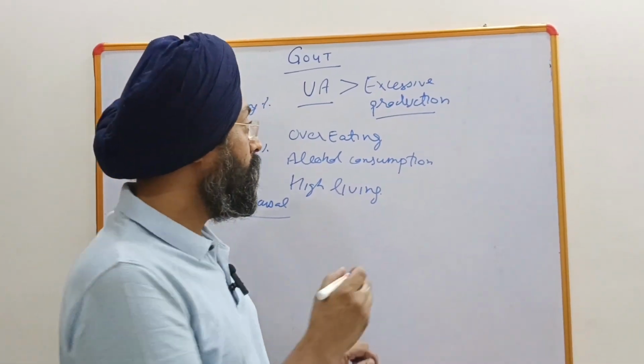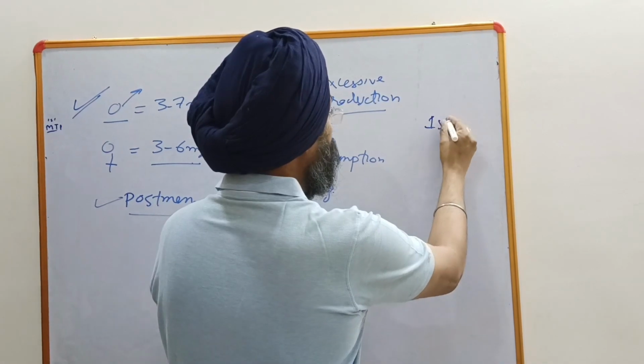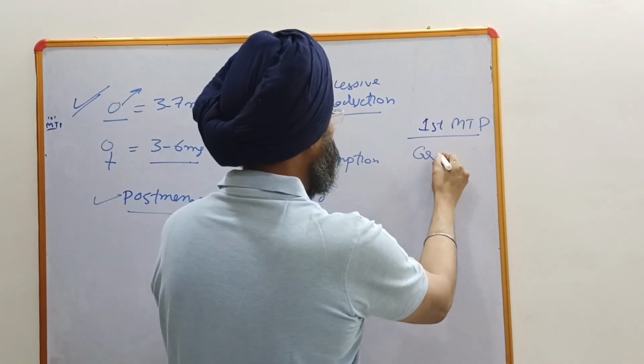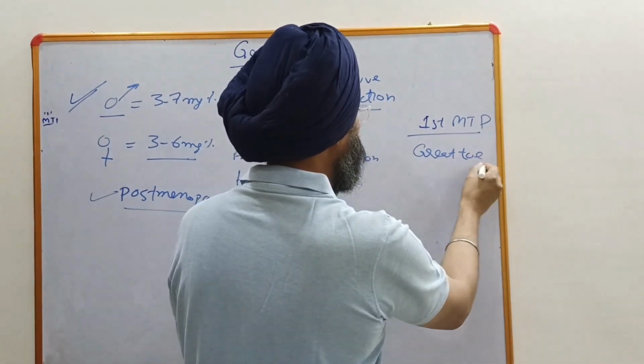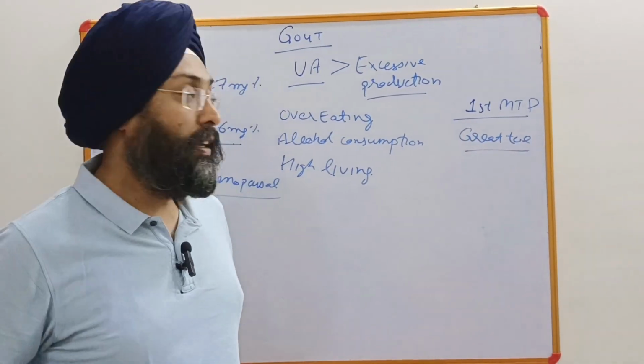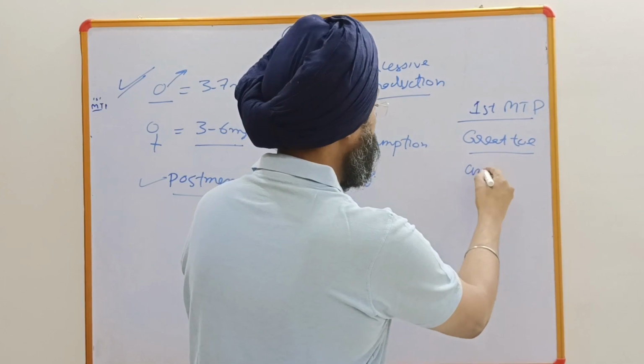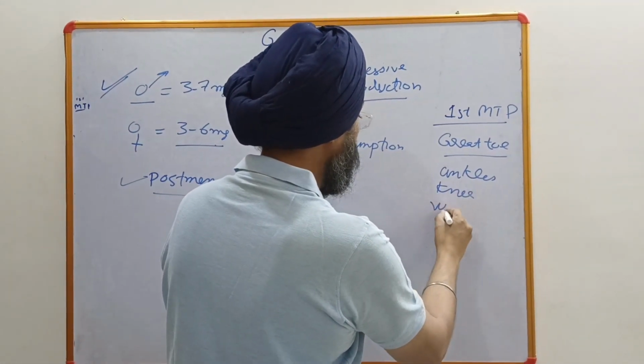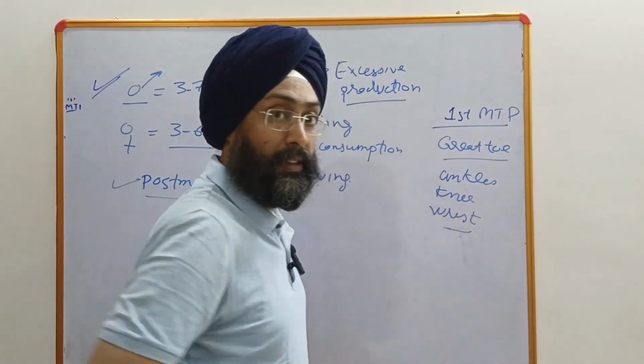It affects the first metatarsophalangeal joint of the great toe, right? Besides this, it can also cause pain in ankles, knee joint, and wrist as well, right?